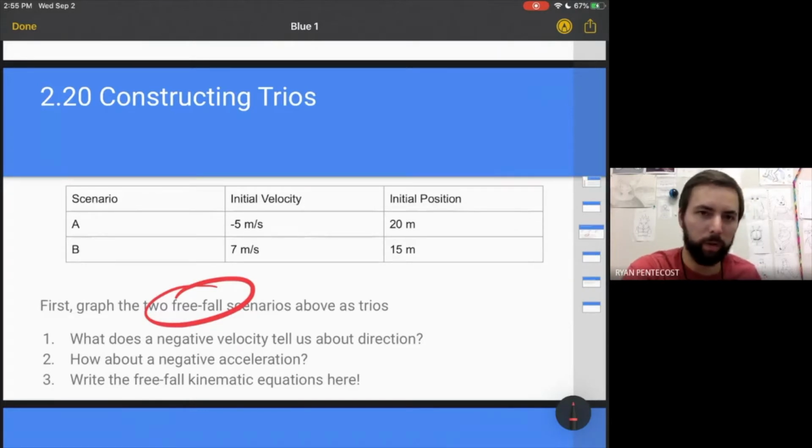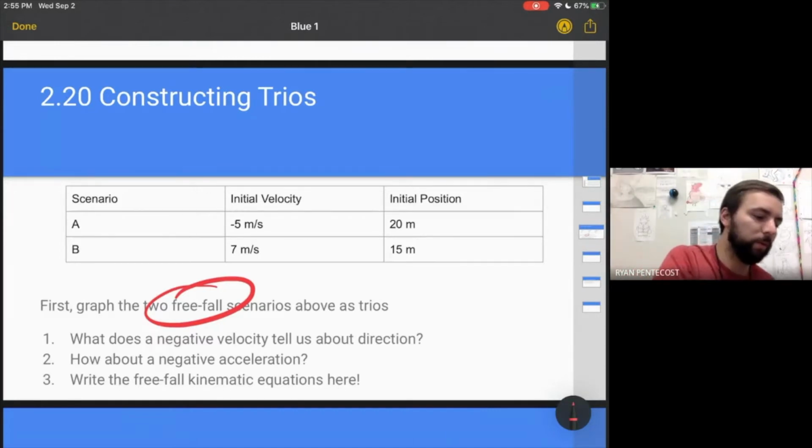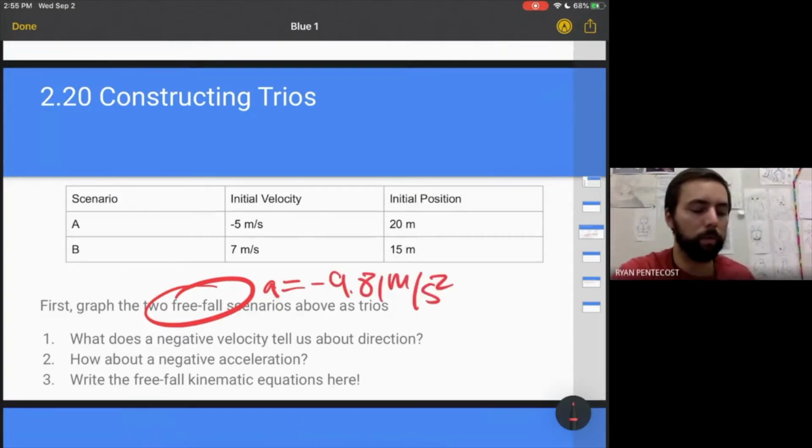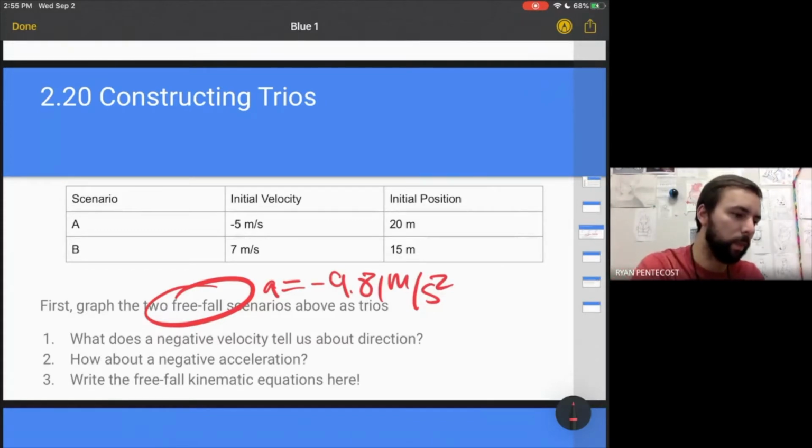You guys did trios with ASCII. A trio is where you graph the position, velocity, and acceleration, and you can see the relationship between them. And as we start using more calculus, we'll see that that relationship is easy to bounce back and forth with. However, free fall is giving us our given right off the bat, that is negative 9.81 meters per second squared for our acceleration.